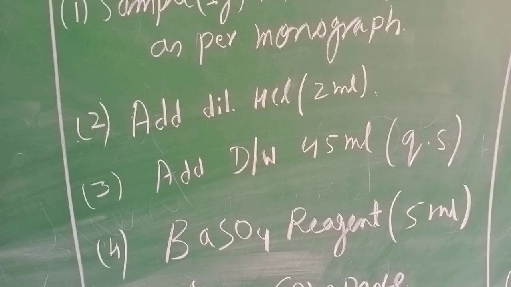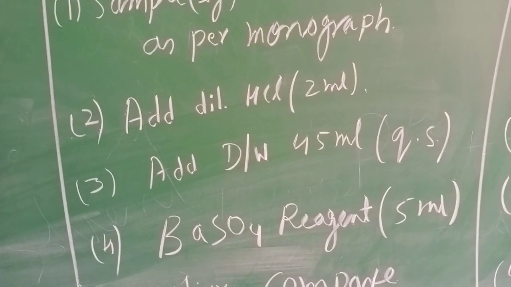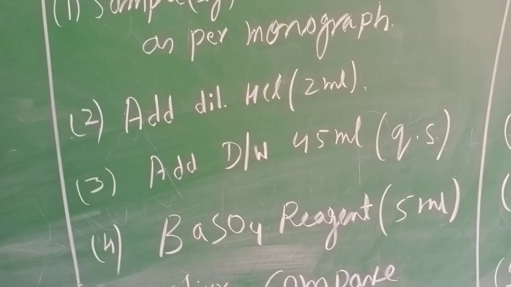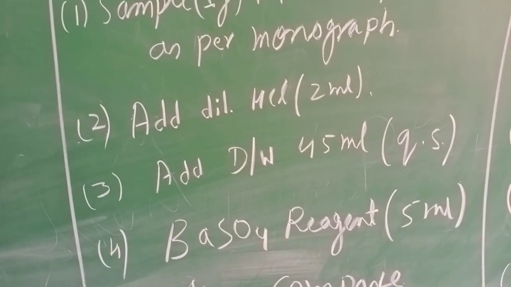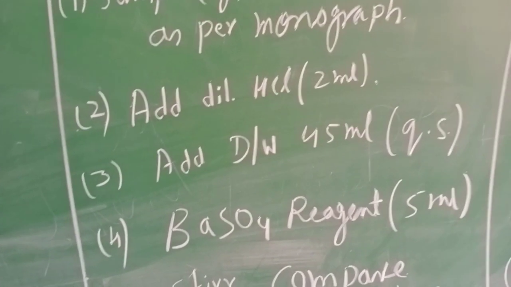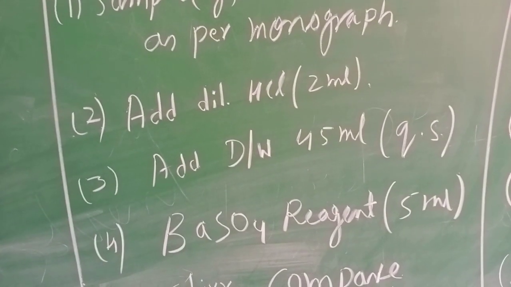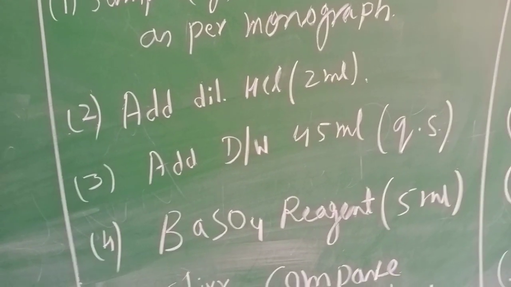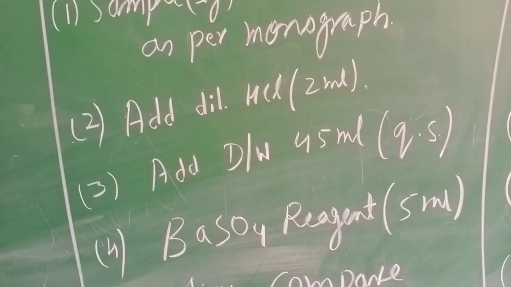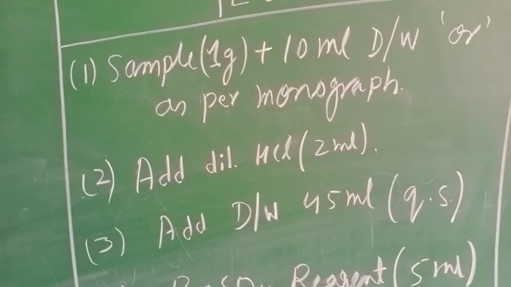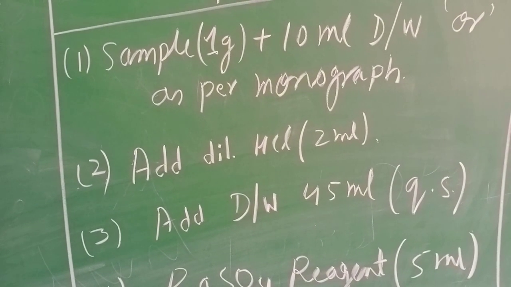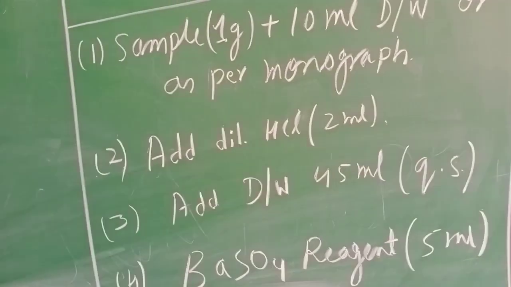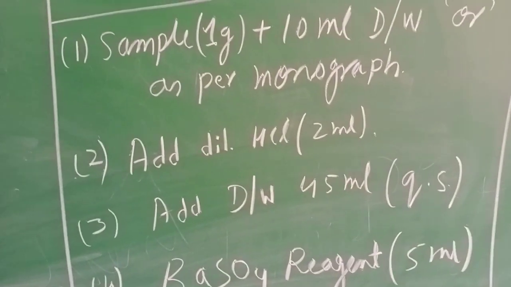After addition of dilute hydrochloric acid, distilled water quantity sufficient to 45 ml has to be transferred to the Nessler cylinder, and here it must be noted that we do not have to add 45 ml of distilled water, rather the distilled water is added up to 45 ml, which is calculated after reducing the net volume of step 1 and step 2.